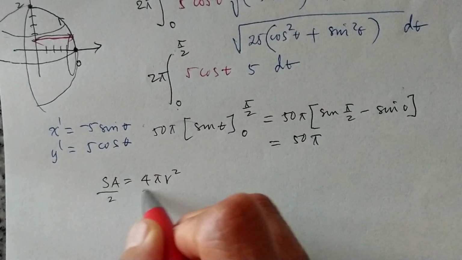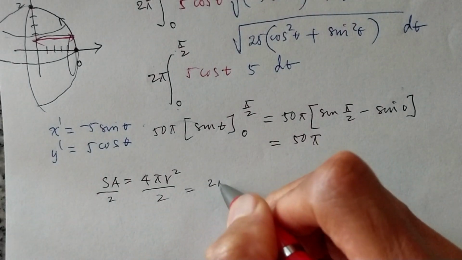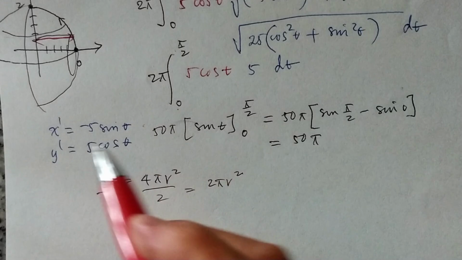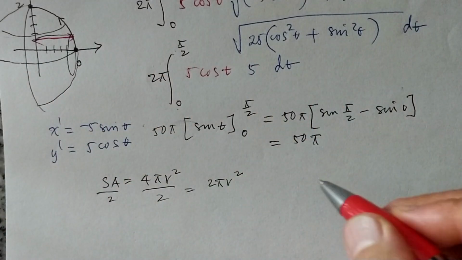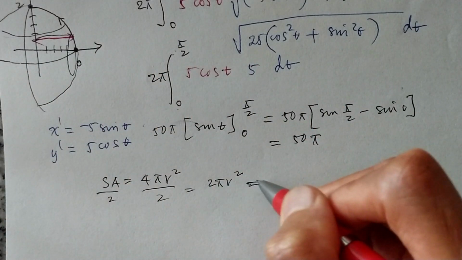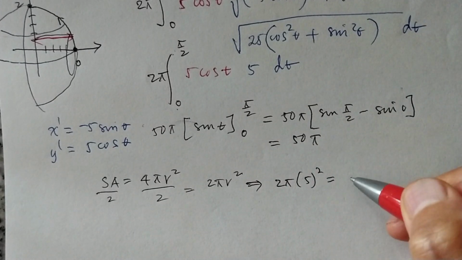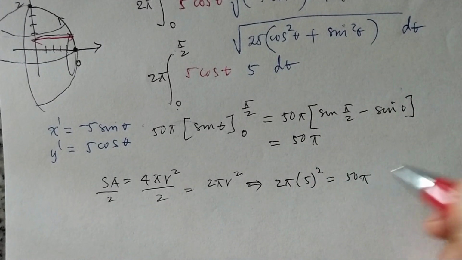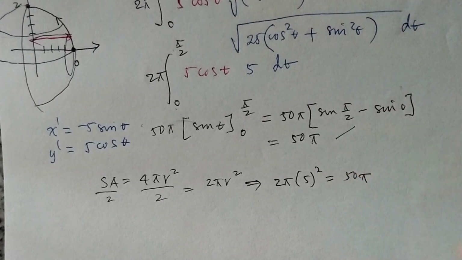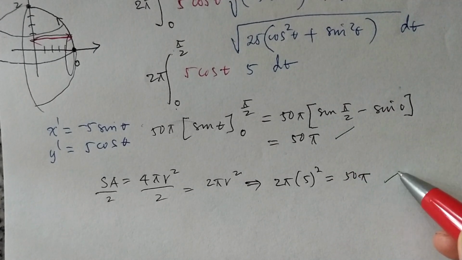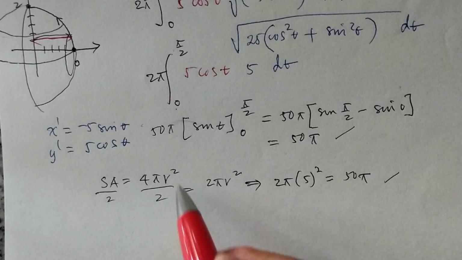So we should get 2 pi r squared. Now the radius is equal to 5. So this will give us 2 pi times 5 squared, which will give us the same answer as 50 pi. So there you go. Using calculus, and using the formula for the surface area of a sphere.